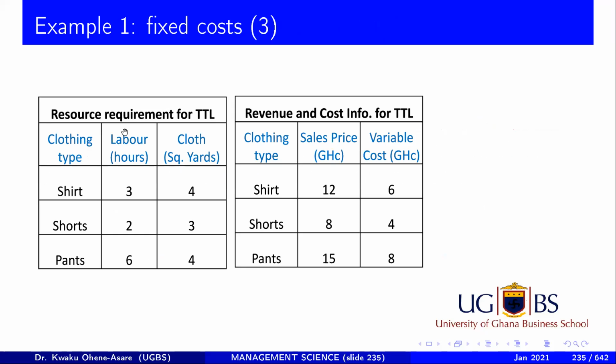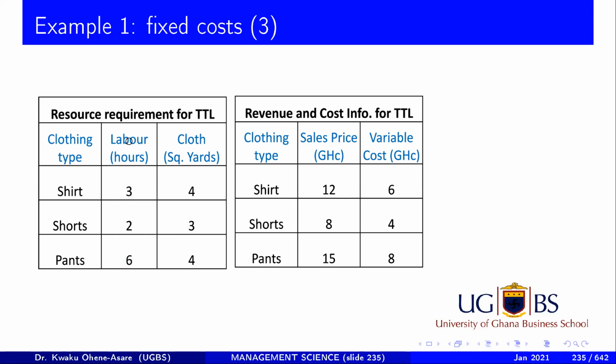So when you look at the section right here, these labor hours, those are resource requirements. Those are the requirements of resources that are needed. So you need this particular kind of labor to be able to do anything that you want to.